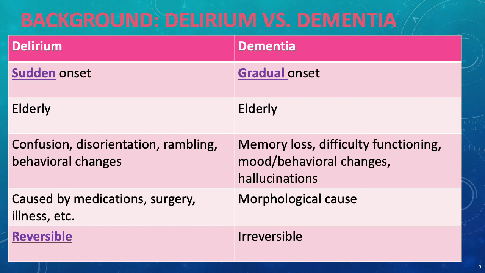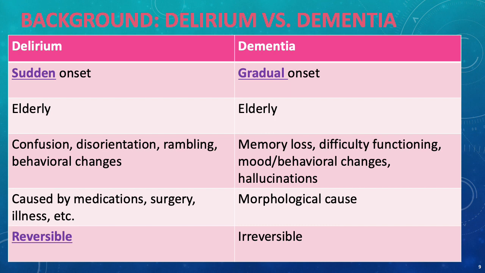So if all of a sudden, out of nowhere, there seems to be some type of cognitive impairment, it's probably not dementia because it's less likely that that kind of degree of impairment and damage would happen so quickly. So it would make more sense that there's another cause.